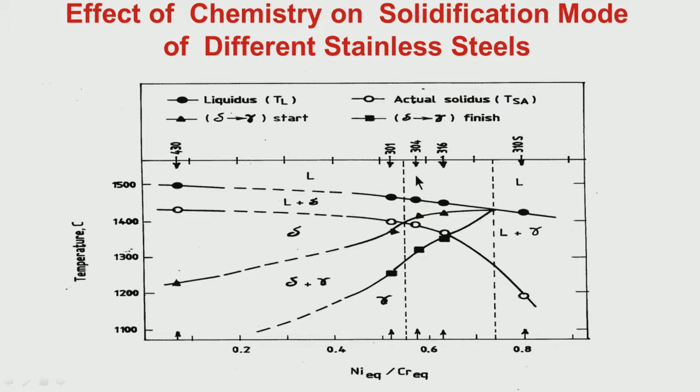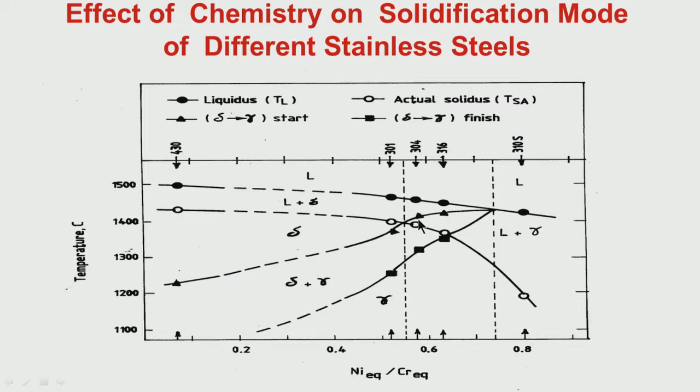Just see 304. Initially liquid to delta, then delta to gamma transformation takes place before the completion of solidification. So delta to gamma is taking place around say 0.8 completion of solidification.